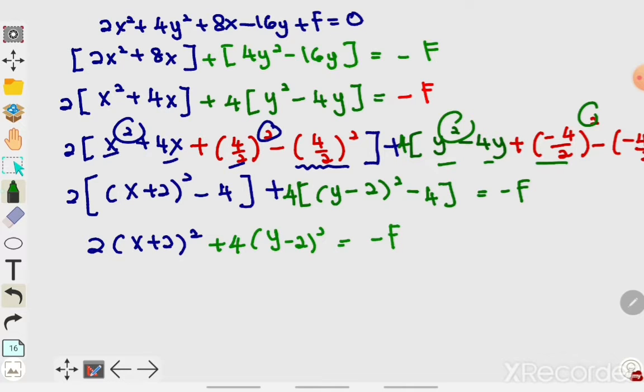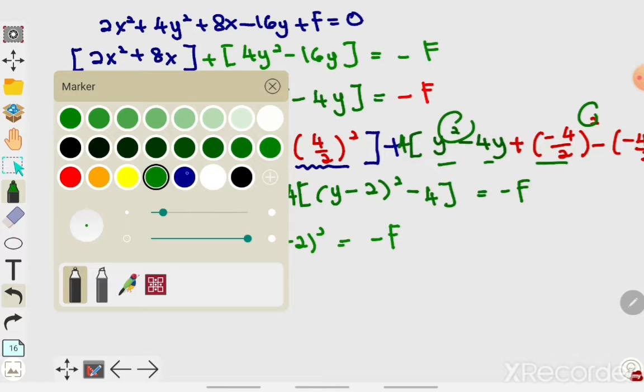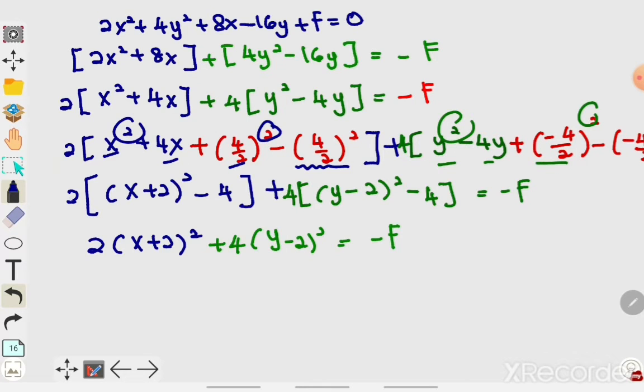Don't forget, for the blue color one, you have another part: 2 times negative 4 is negative 8, so you plus 8 here. 4 times 4 equals negative 16, so you move it and have positive 16 here. Finally you have 2(x plus 2) squared plus 4(y minus 2) squared equals.